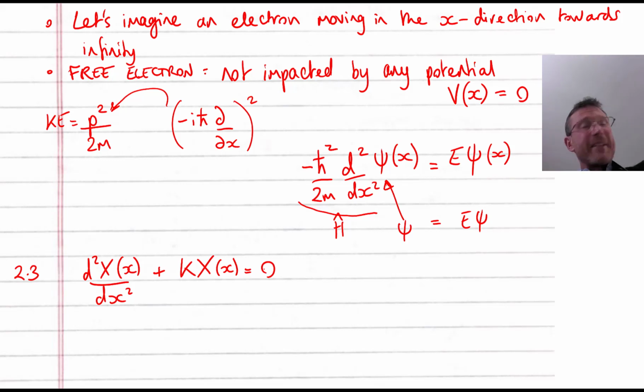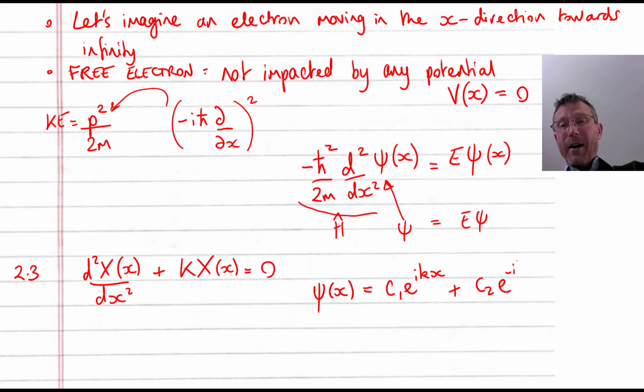It's the same format, and we've also recognized that there are some general solutions that we expect to work. So let me just write those down in here. The first general expression that we expect to work would be C1 e to the i k x plus C2 e to the minus i k x. And we've seen how with Euler's formula we can write something similar in terms of cosine functions and sine functions.